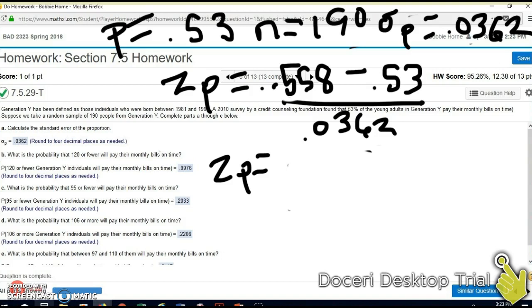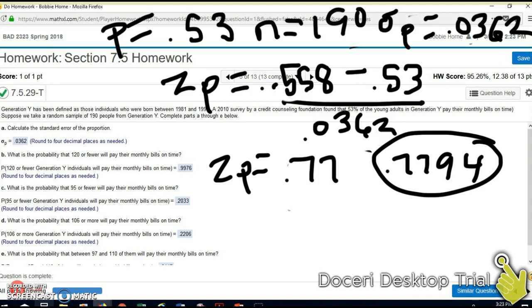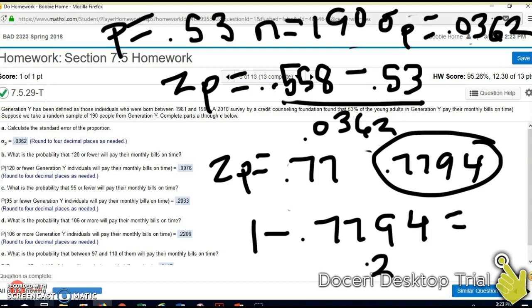So if you put that in your calculator, you will get 0.77, and if you look that up in your table, the probability is going to be 0.7794, and that probability is to the left, the less than side. So if we want to know the probability of finding greater than 106, we would do 1 minus 0.7794, and that would be 0.2206.